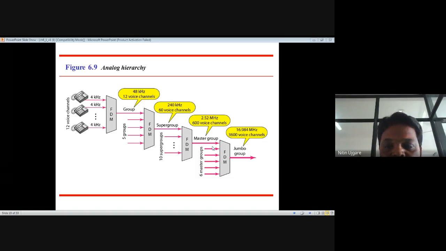And if we multiplex these 6 master groups, then the resultant composite signal is the jumbo composite signal, which has the bandwidth of 16.98 megahertz, which accommodates 3600 voice channels. So you can perform the multiplexing process at different levels. This is sometimes also called multi-level frequency division multiplexing.